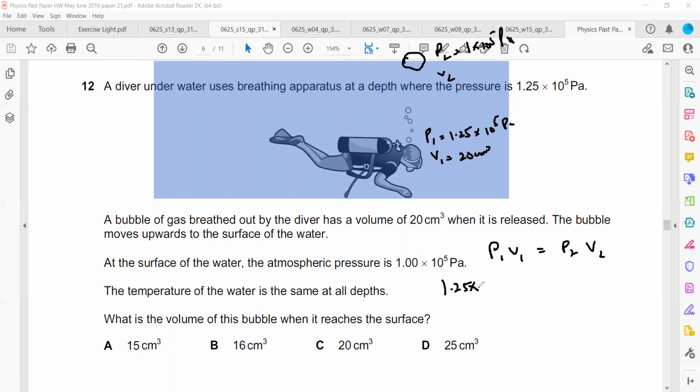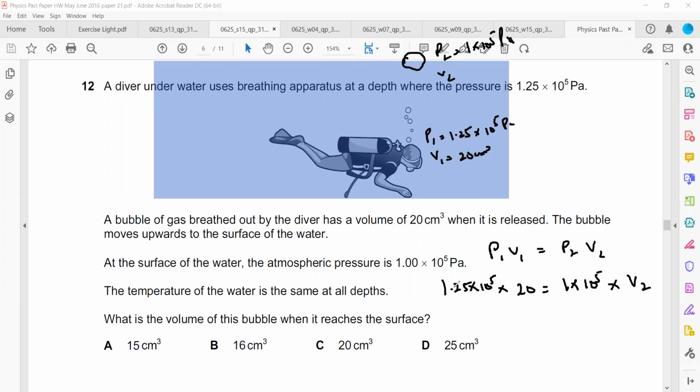1.25 × 10^5 multiplied by V1, the first volume, that is 20. P2, the pressure when it reaches the top, that is 1 × 10^5 pascal, multiplied by V2, which we don't know, and we are finding that.